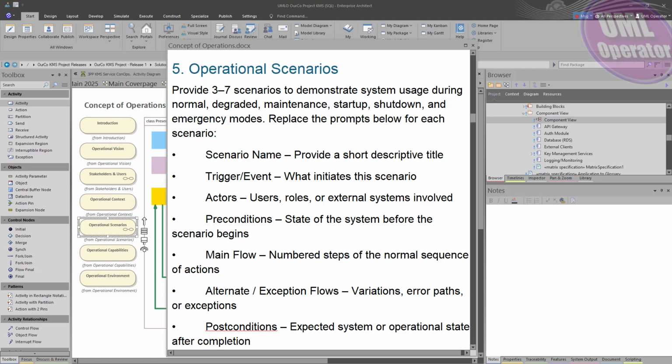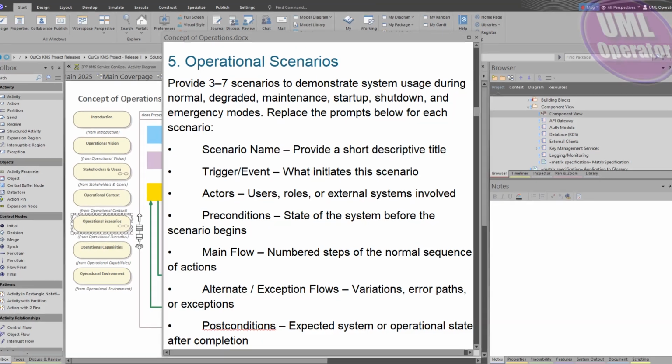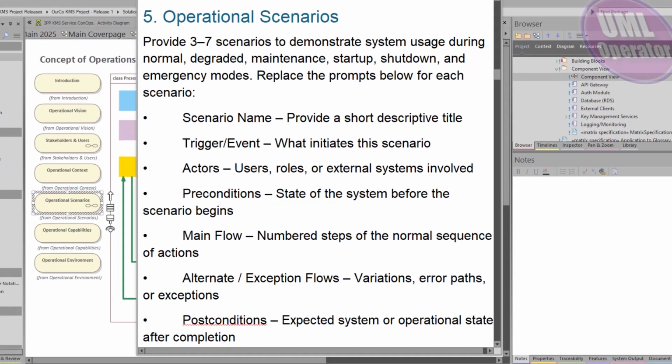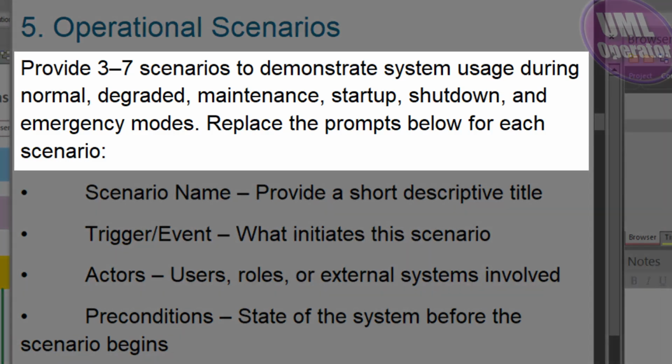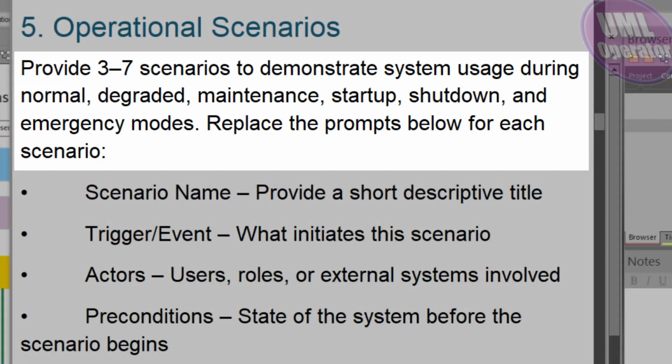The next section is the operational scenarios, and this is probably one of the most important things that we do as software engineers in a project working with all stakeholders, and that's to provide 3 or more scenarios to demonstrate system usage during normal, degraded, maintenance, startup, shutdown, and emergency modes.